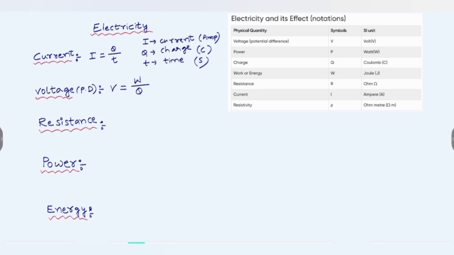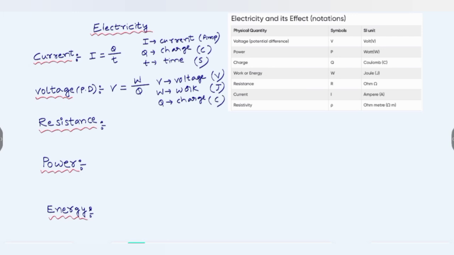Here V is voltage or potential difference between two points, W is the work done to bring the charge, and Q is charge. Here voltage units are volts, work units are joules, whereas charge units, as already seen, are coulombs.